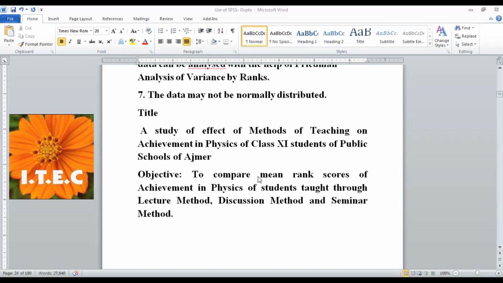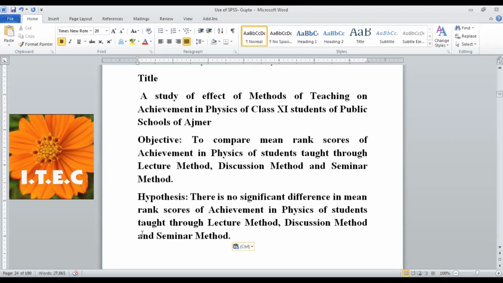So now I can write a hypothesis that there is no significant difference in mean rank score of achievement in physics of students taught through lecture method, discussion method, and seminar method.